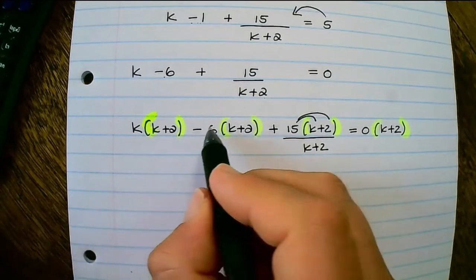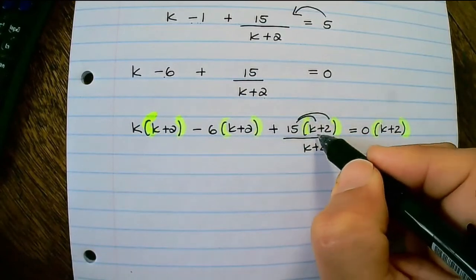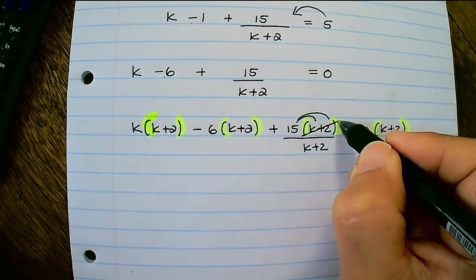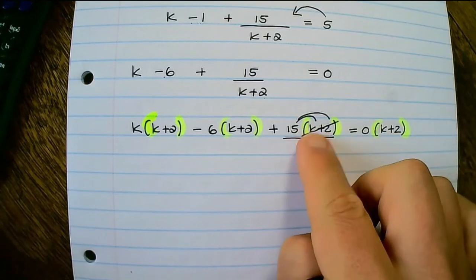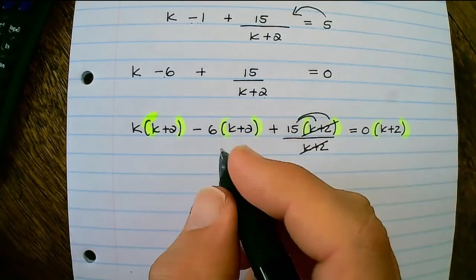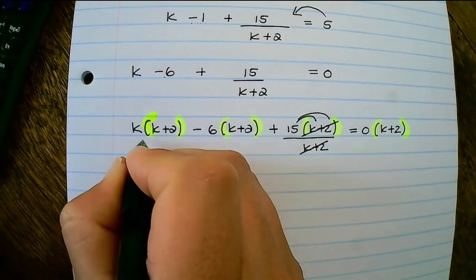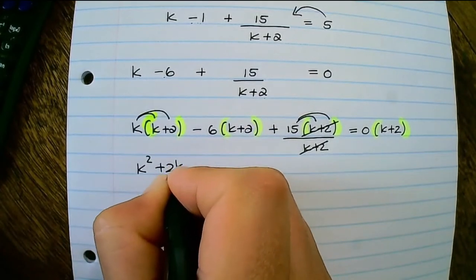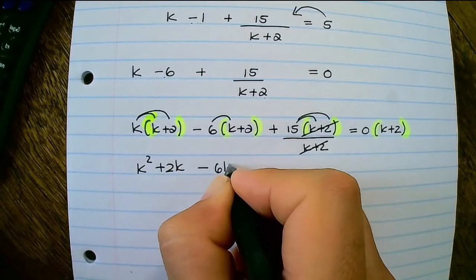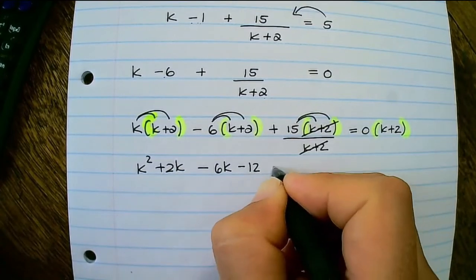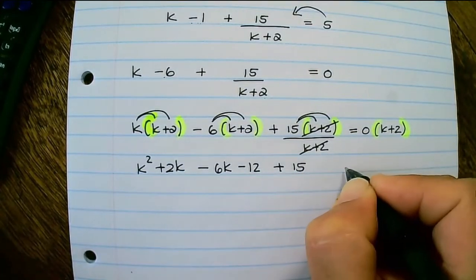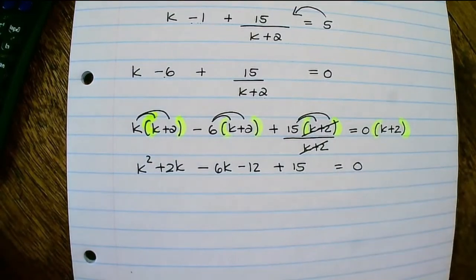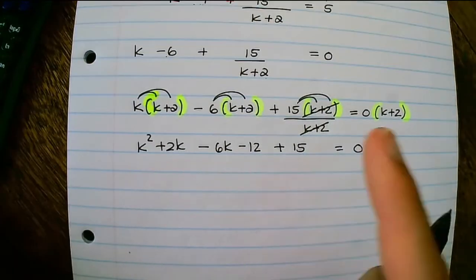So before I multiply out, I can see here by the fraction that the numerator and the denominator have parts that I can cancel out. And now I can multiply out, so that becomes k squared plus 2k minus 6k minus 12 plus 15 equal to 0. And then I can add up like terms.